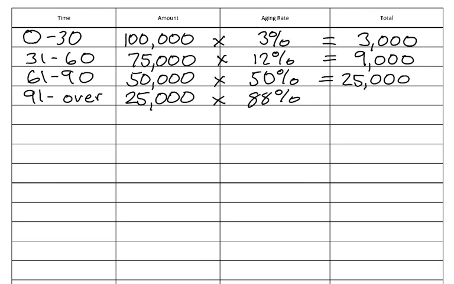And then finally, 25,000 times 88% will be 22,000. And with that, if you add these numbers up, you would get 59,000 that you need to set aside for the account.